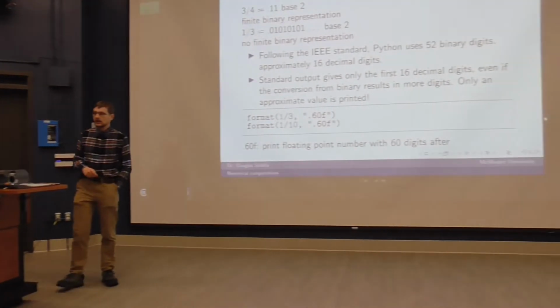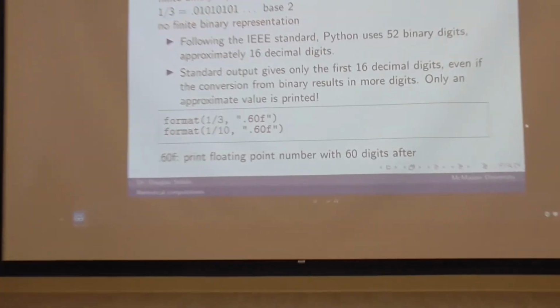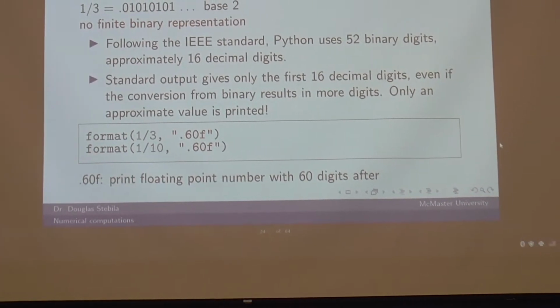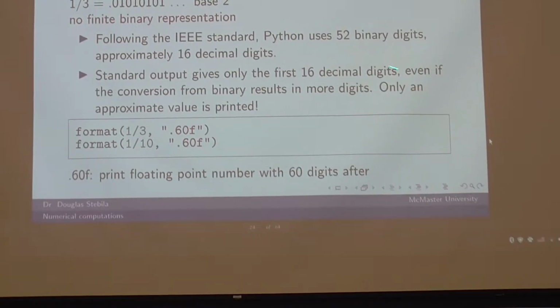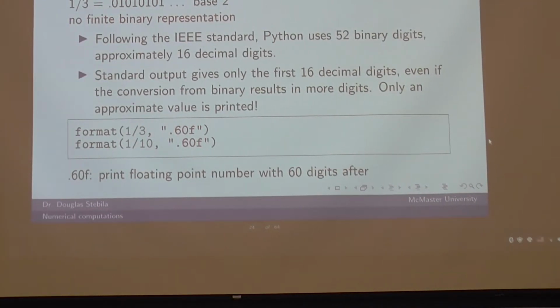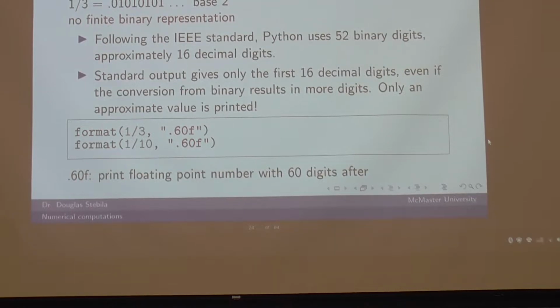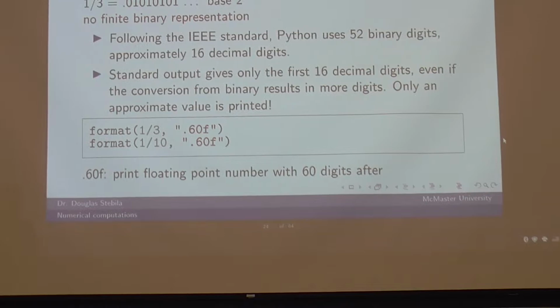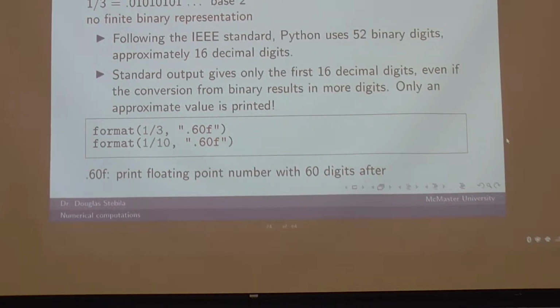The rest of these are going into the exponent, right? So we have some number represented by 52 bits multiplied by 2 to the power of some other number represented with the remaining 11.